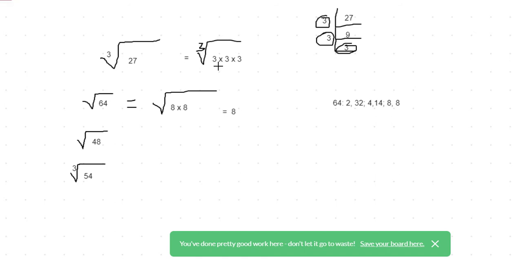Since 3 is multiplying by itself 3 times in order to make 27, the number you are pulling out 3 times, as noted in the index, would be 3. So the cube root of 27 is 3. That's a basic way you can do it for perfect squares and perfect cubes, and whatever number you get in the index to find a perfect number, that's how that would work out.